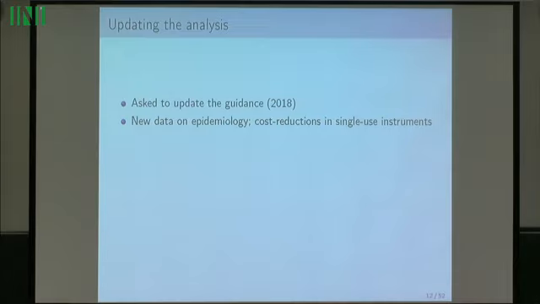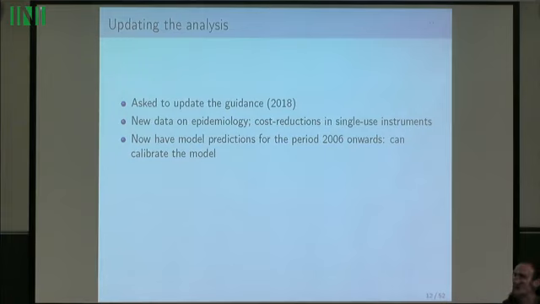The single-use instruments have come down in price, and there are also concerns that groups that you thought would be protected from the outbreak may not necessarily be. So again, it's the understanding of epidemiology that's changed a little bit. But now we've got model predictions for everything that's happened since 2006. So now we can do this calibration exercise.